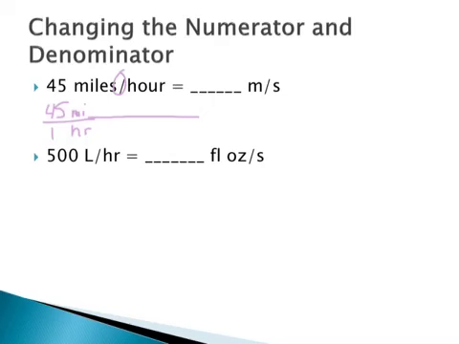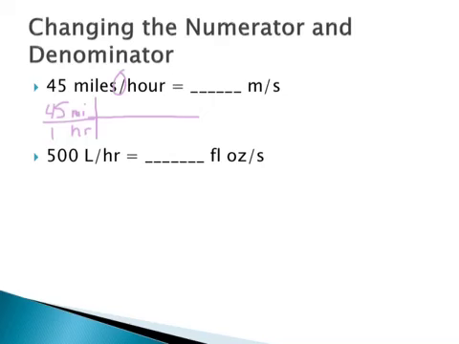So 45 miles. Now using your chart, first thing I want to do is I'm going to go from miles to meters. Okay, again, just like we talked about in simple conversions, you are going in this problem miles to meters. Miles is the U.S. system of measurements. Meters is the metric system of measurements. So I'm changing systems.